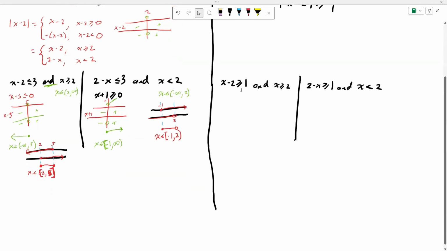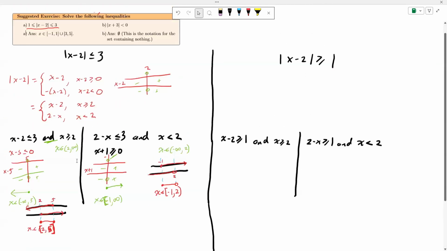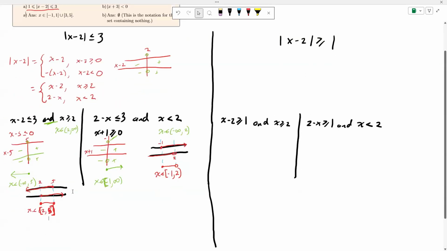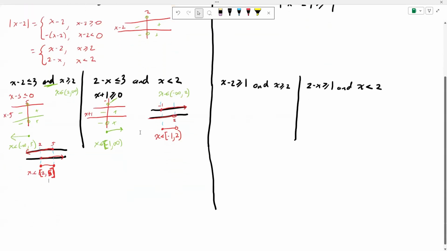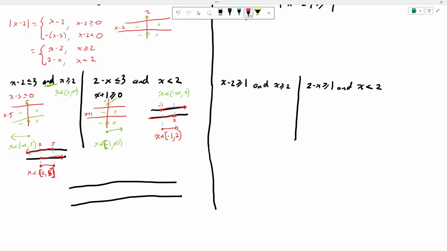And now, before we combine this subproblem with this subproblem, we have to finish the absolute value. And remember, with our absolute values, we're going to take the union of these 2 intervals. So we have our two intervals for each subproblem. Our first interval is from 2 to 5.